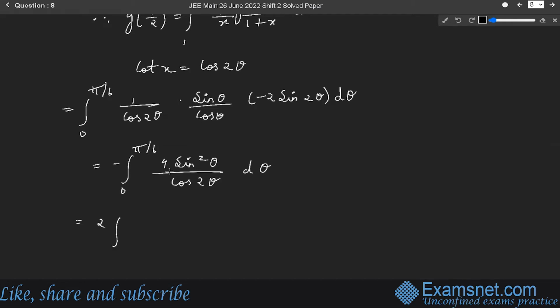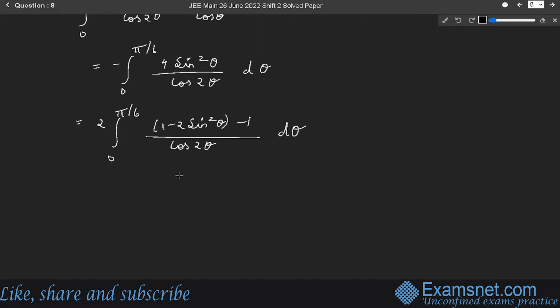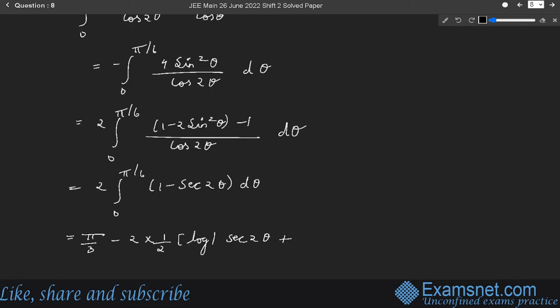So it will be equal to 2 into the integral of 0 to pi by 6, 1 minus 2 sin square theta minus 1 divided by cos 2 theta again d theta, which will be equal to 2 into the integral of 0 to pi by 6, 1 minus sec 2 theta d theta. So it will be equal to pi by 3 minus 2 into 1 by 2 log of sec 2 theta plus tan 2 theta, and the limits are 0 to pi by 6.